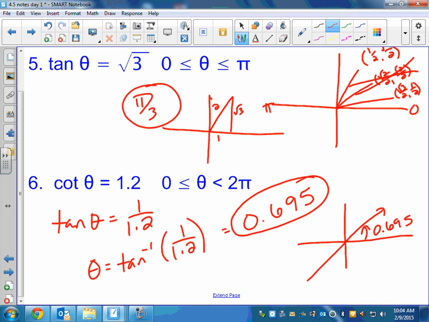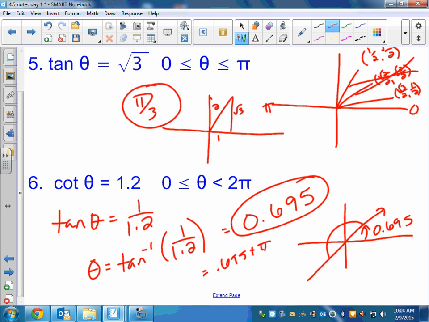There's a lot of ways you could do this, but tangent and cotangent are my favorite because they're always positive in quadrants that are diagonal from each other. So in my head, I think, how big is this angle to go from here to here? What angle is this right here? So I'm saying, like, that's a pi, that's 180 degrees. So for me, I'm just going to take 0.695 plus pi, using that idea.